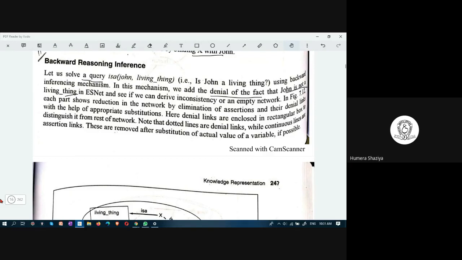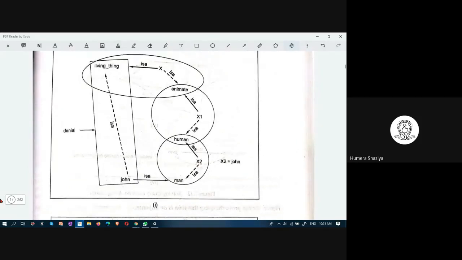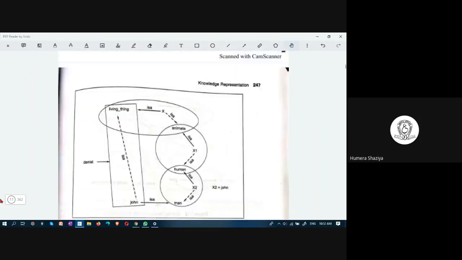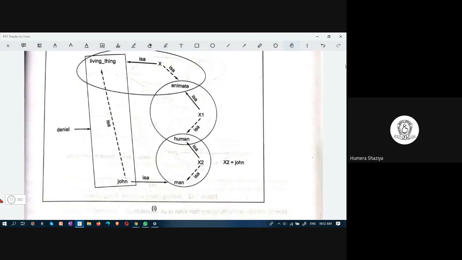Proof by contradiction is equal to saying that John is not a living thing. And how do you add that? By using this dashed line.